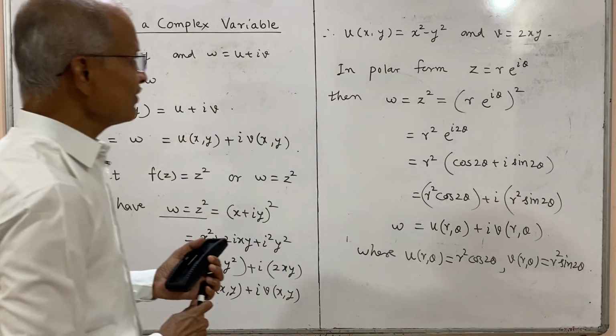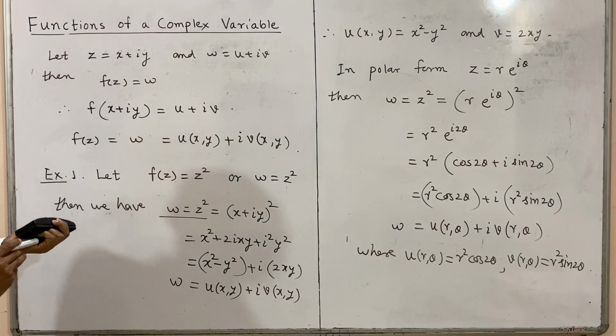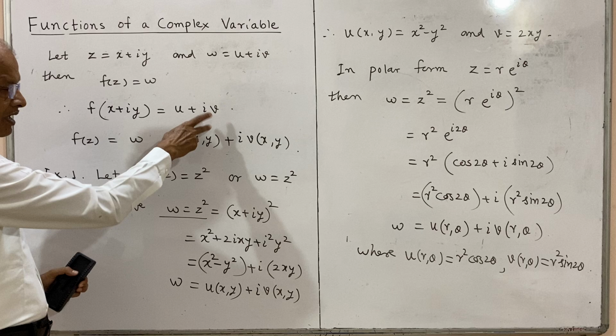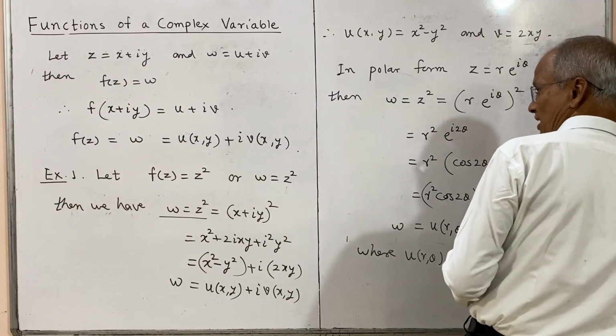So in this way we can express a function and its image in the form u plus iv, where u and v are functions of a complex variable.